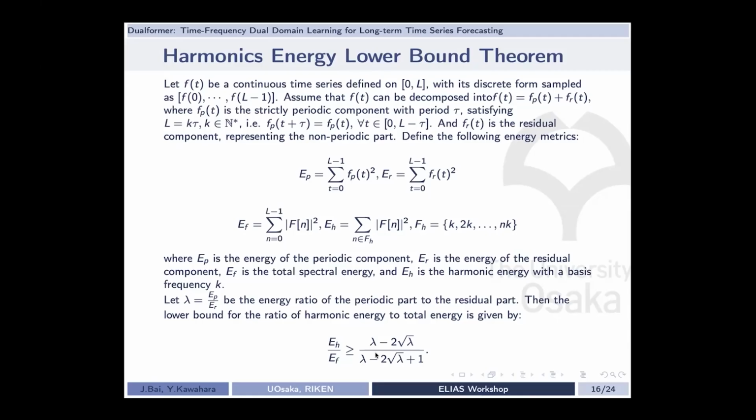As you can see, if the periodicity is stronger, then we get a greater concentration on the harmonics. That basically means that we can use the harmonic energy ratio to measure how periodic our time series is.